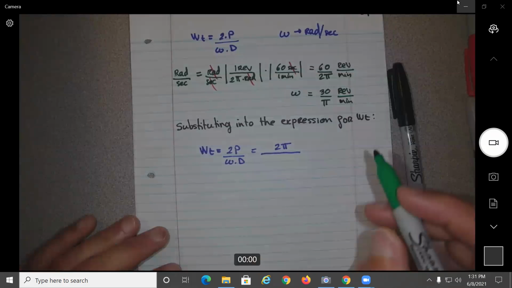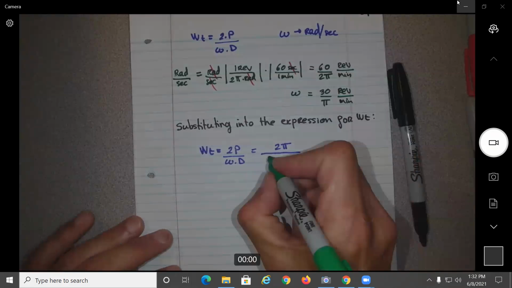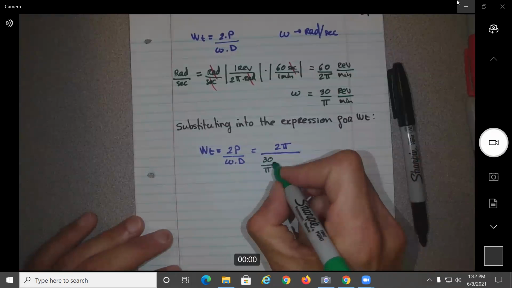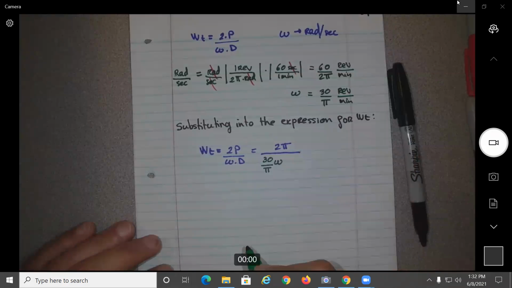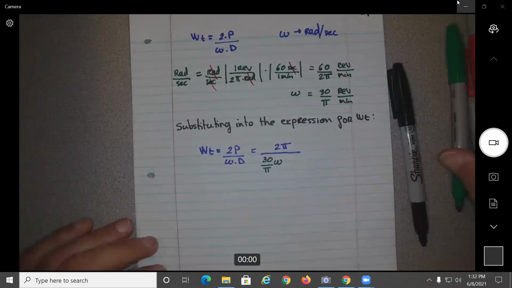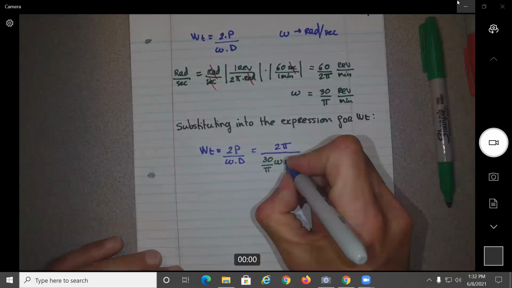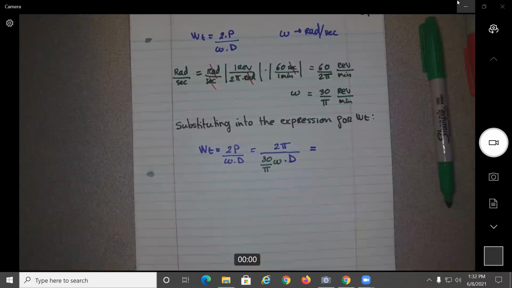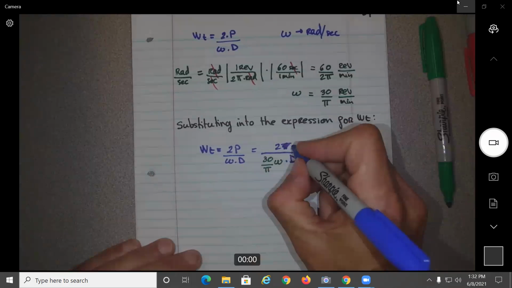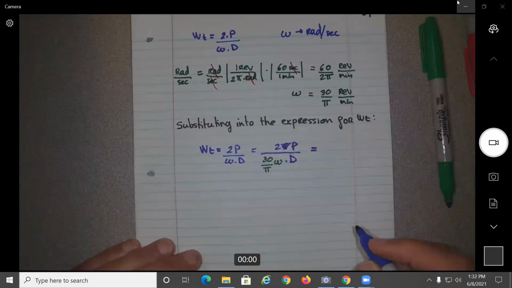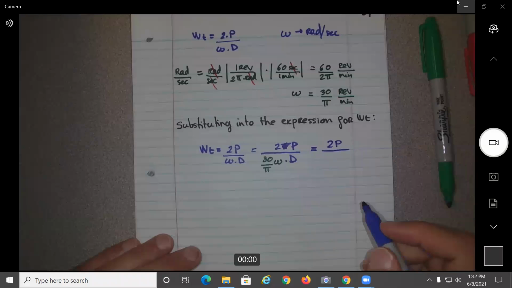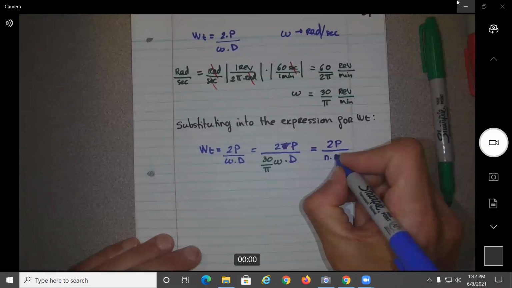It will be equal to 2P divided by n times d.